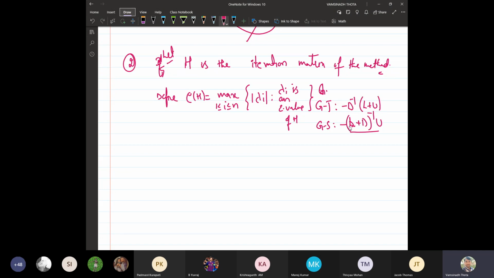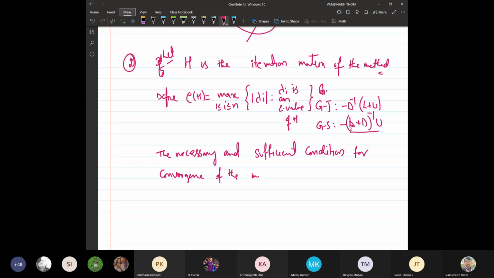So the necessary and sufficient condition for convergence of the method is that the spectral radius of the corresponding iteration matrix should be strictly less than 1.